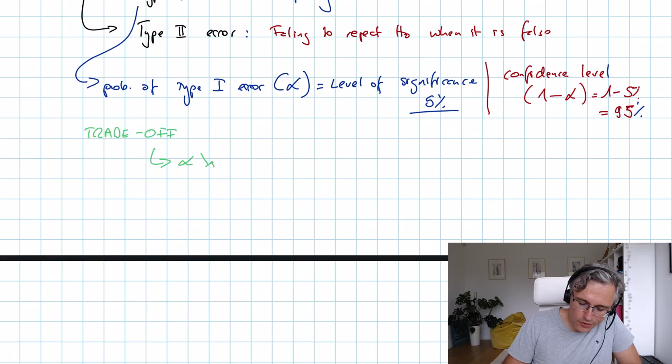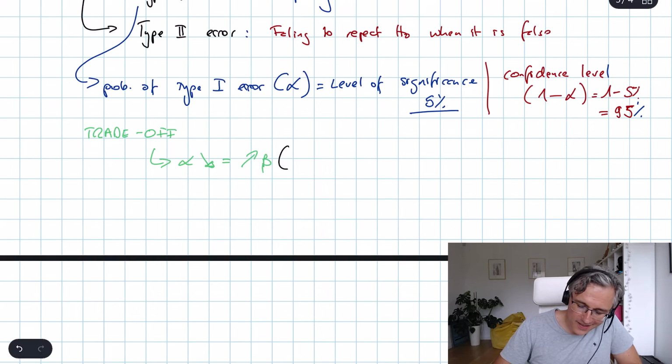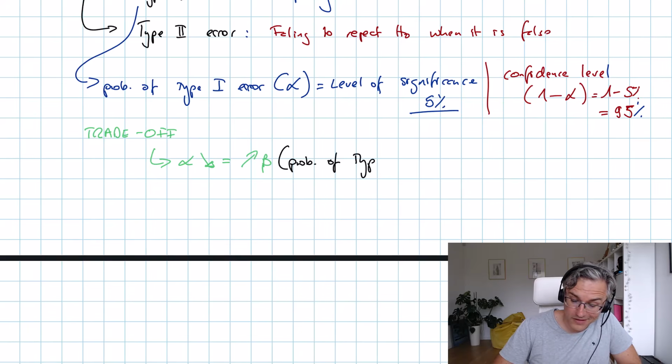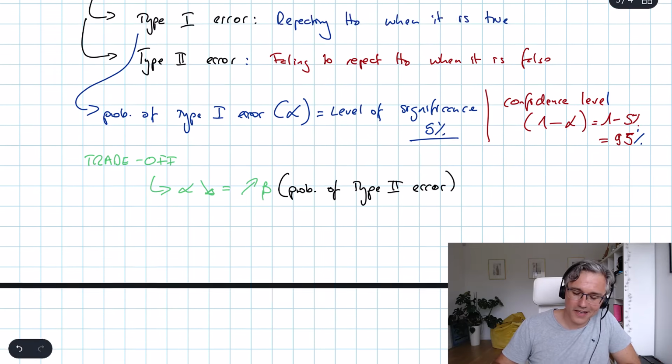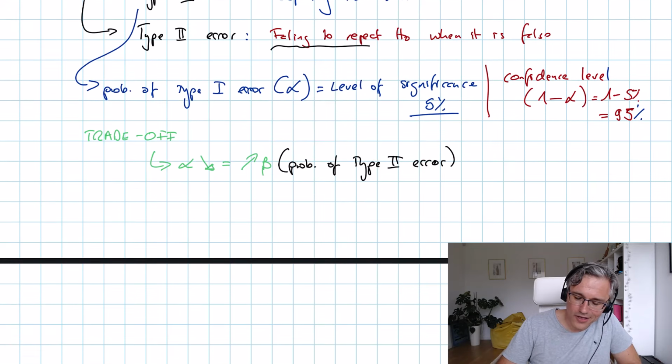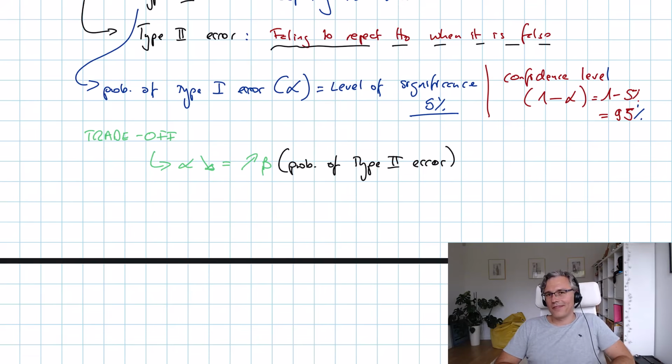If you want to reduce alpha, the probability of stopping the machine too often than needed in my case, then you unfortunately increase something known as beta. Beta is the probability of the type 2 error, committing it, failing to reject the null hypothesis when it is actually false.